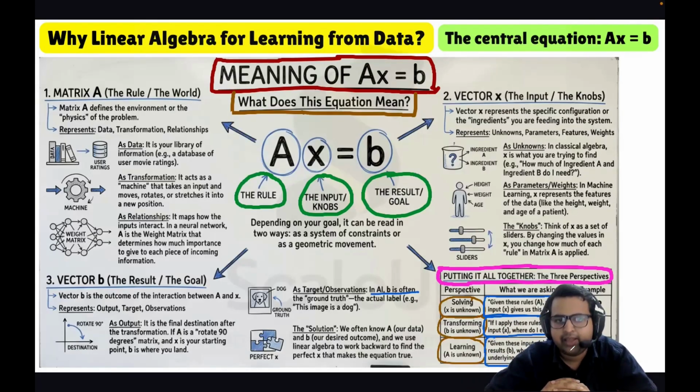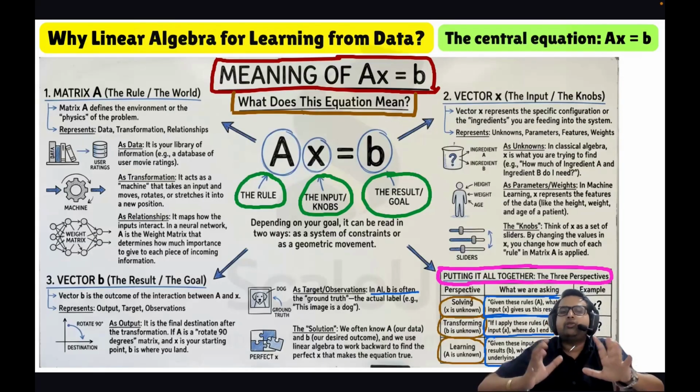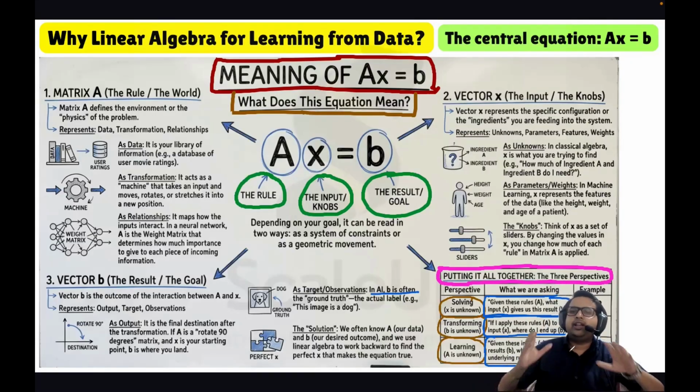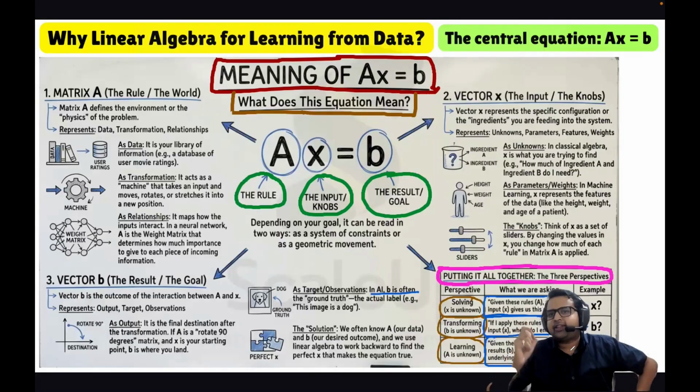So matrix A will be treated as a relationship matrix or the weight matrix. Now it's very clear that in linear algebra, Ax equals b is the central equation.